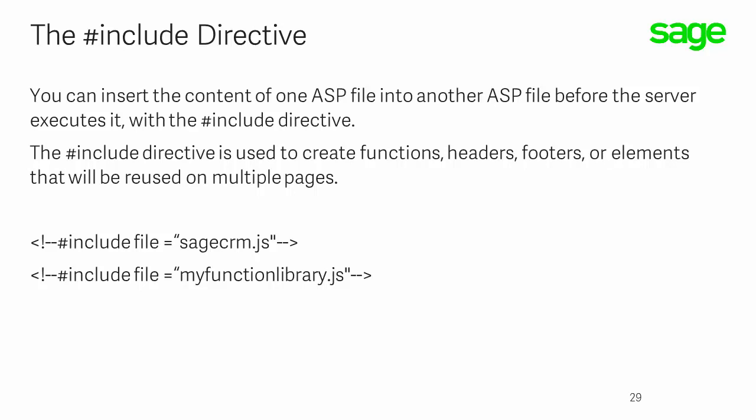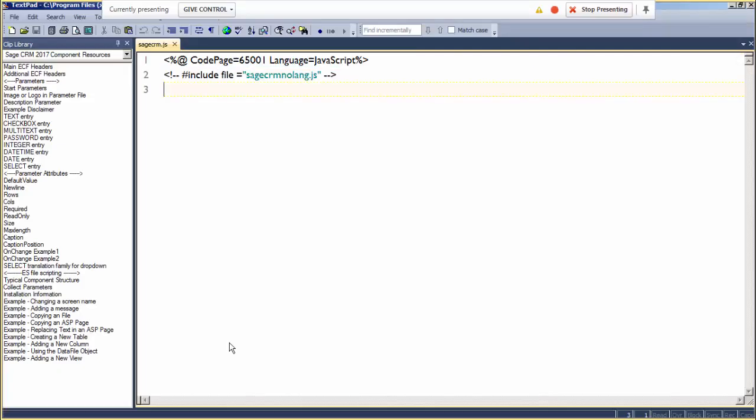Now, that include file, that JS file, is basically doing two things. First of all, it declares the language that is being used. The default language for ASP pages is VBScript, but as I said, we want to keep consistency with the rest of the system, so that's why we switch over and use JavaScript.